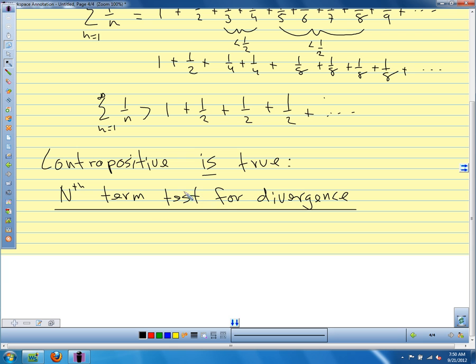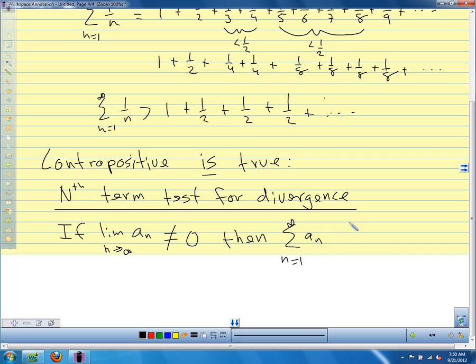And our nth term test for divergence says that if, I'm going to switch it around, if the limit as n approaches infinity of a sub n does not equal 0, then the sum from n equals 1 to infinity of a sub n diverges.